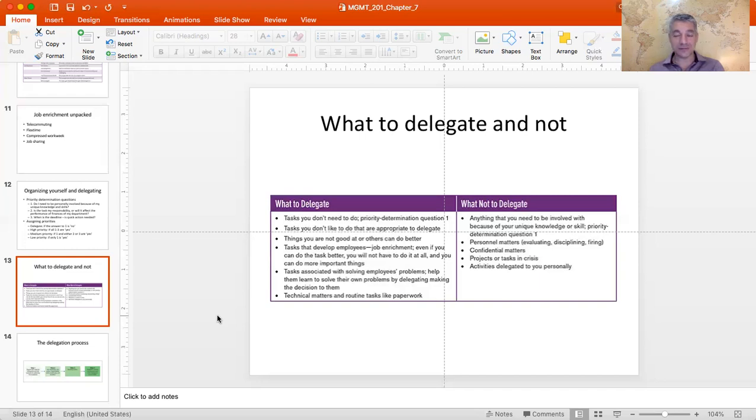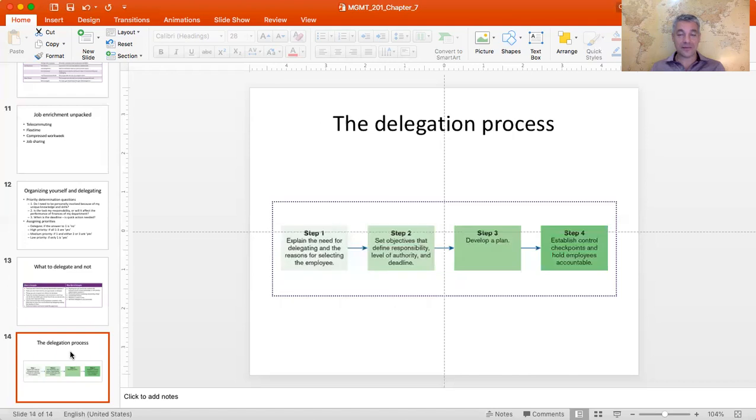So if you are in a situation of crisis, it is absolutely your responsibility to get your people together, get yourself together, and complete the task on your own. With respect to how to delegate, that's actually a fairly easy step.